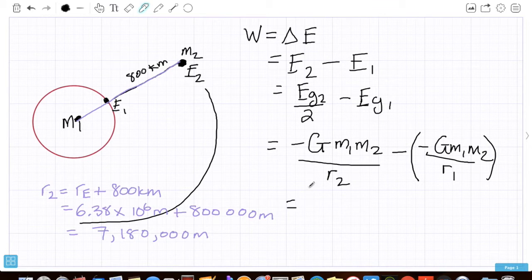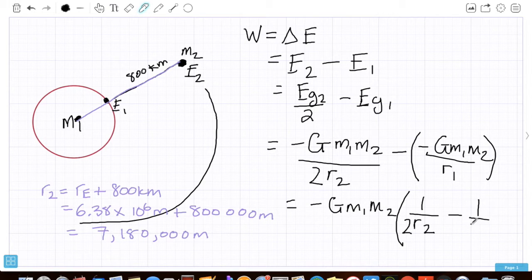So if we factor out G m1 m2 and the negative as well, since they're in both terms, it reduces to 1 over 2R2, sorry, I forgot the 2, there's a 2 right there, 1 over 2R2 minus 1 over R1.